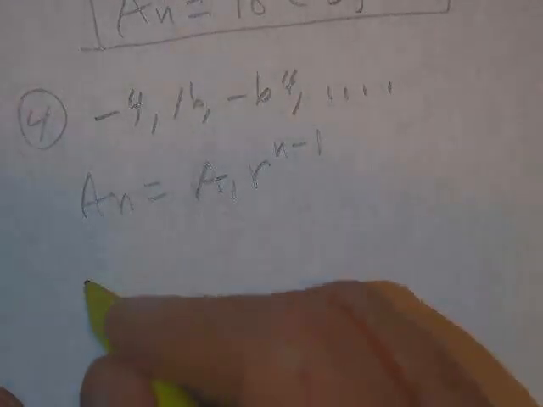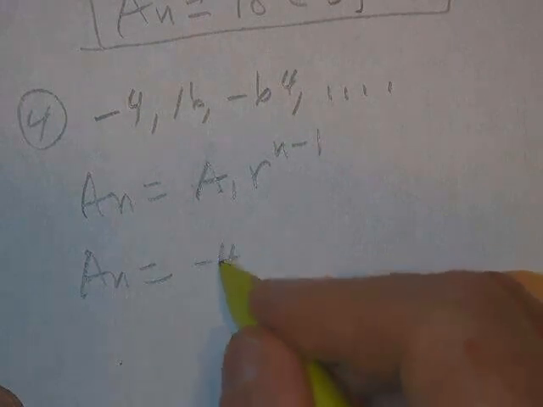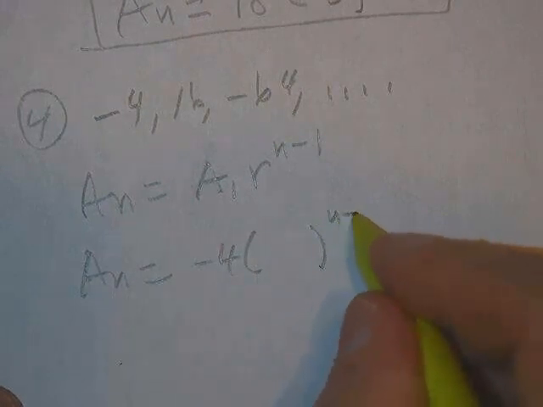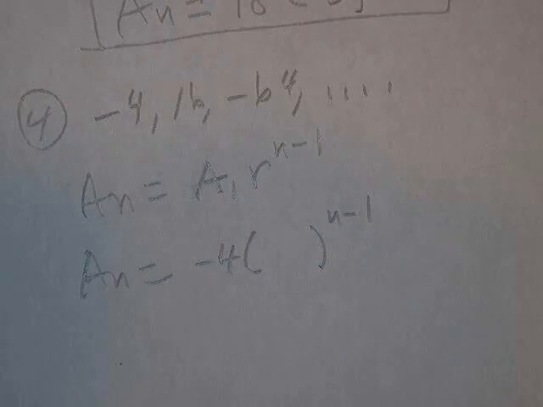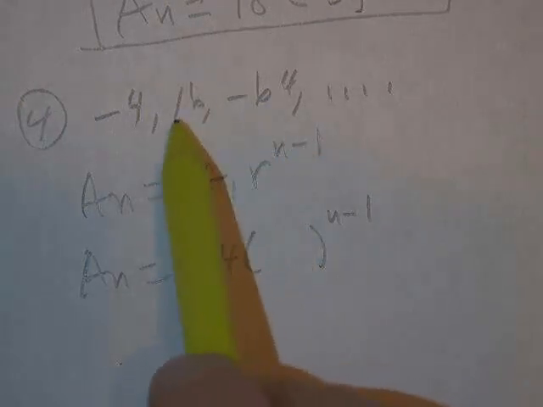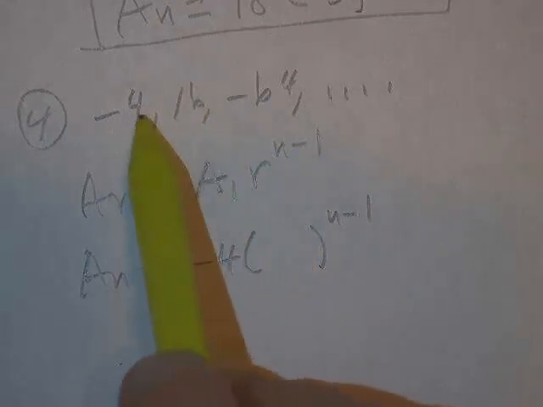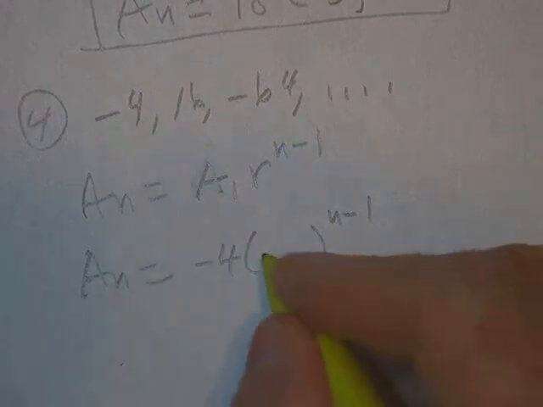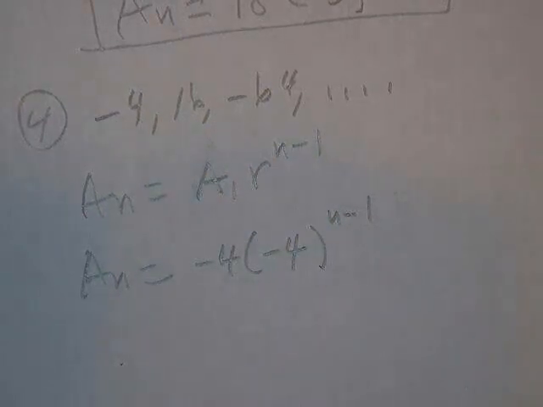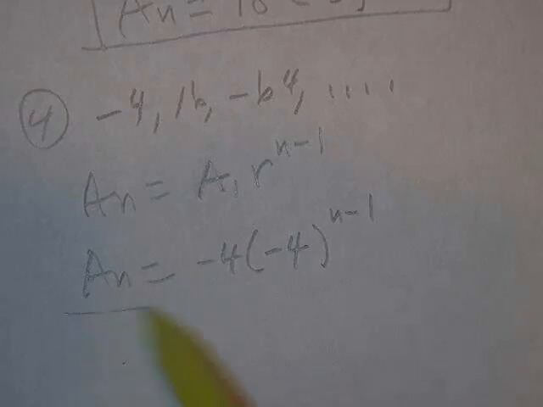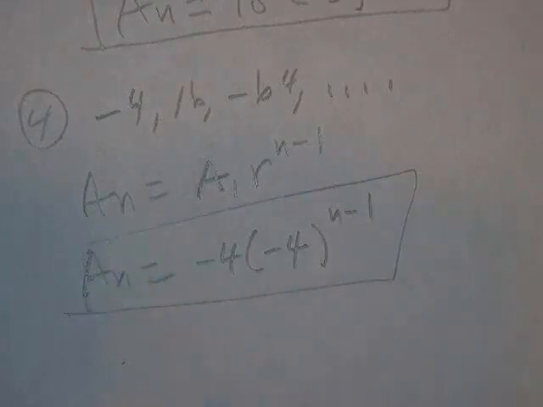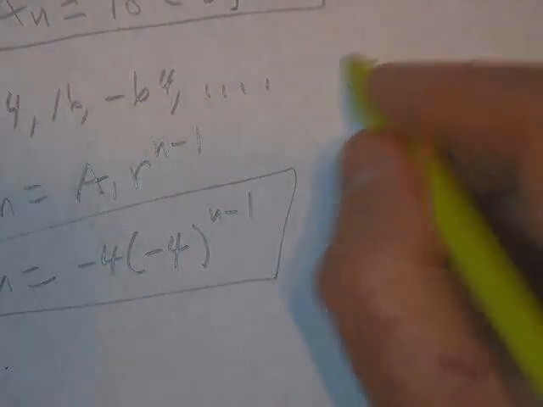Well, the first term is negative 4. If I can figure out the common ratio, I'm in good shape. So take any term, 16, and divide by negative 4. The common ratio was also negative 4. Box it, and you're good.